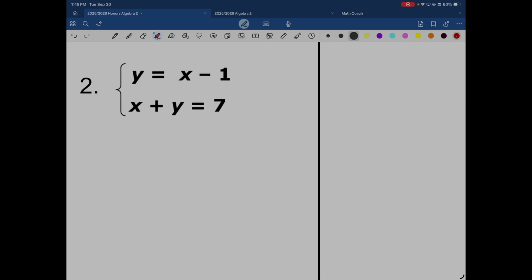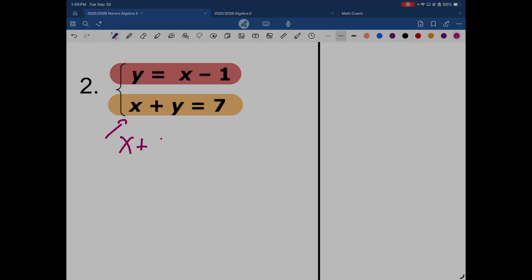So we've got y is equal to x minus 1, and x plus y equals 7. Okay, so I've got this first one, I've got the second one. The top one's already solved for y. So I'm going to substitute it for y in the other equation. So my other equation now is going to be x plus, well, my y value is x minus 1. And that has to equal 7.